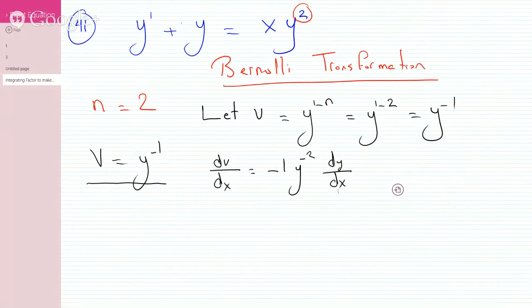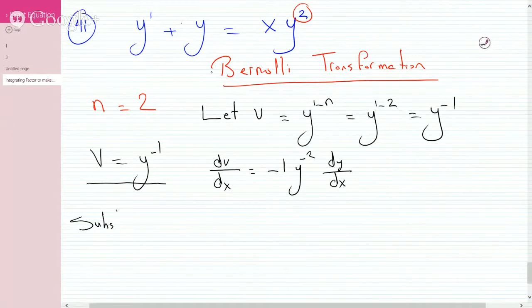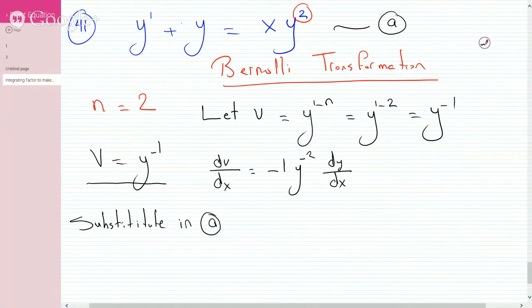Okay. So now substitute in, let's call this a. Substitute in a. So from here I can find y prime, right? What's y prime? y prime is dy over dx.